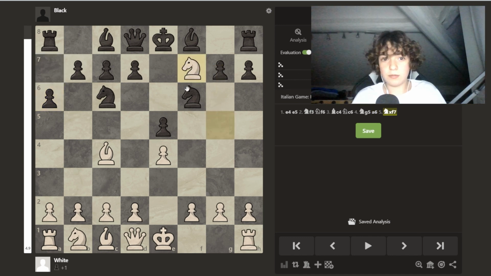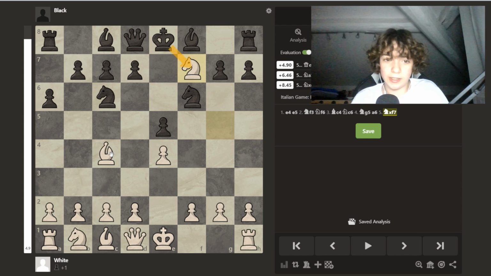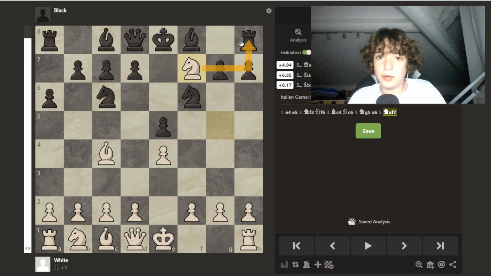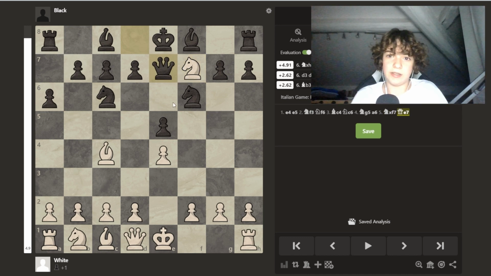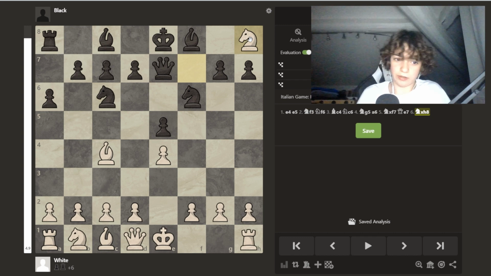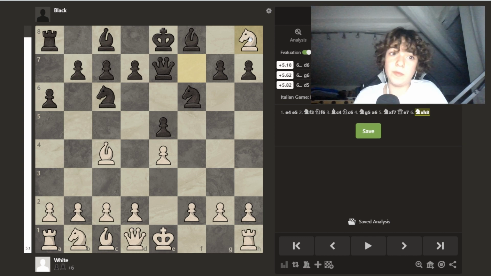So you just take this pawn. The king isn't able to take it, as it's defended by the bishop, and it's attacking both of these pieces. So, in this situation, usually the player would move the queen, as he doesn't really want to lose it. And here, you're just able to take the rook, winning you a bunch of material.